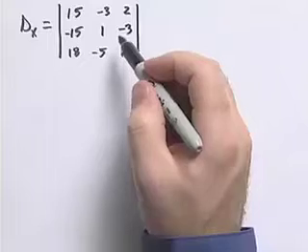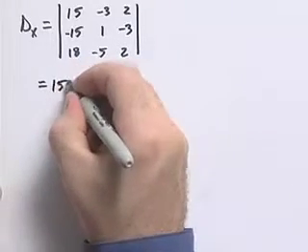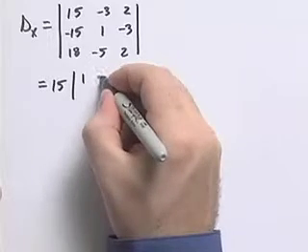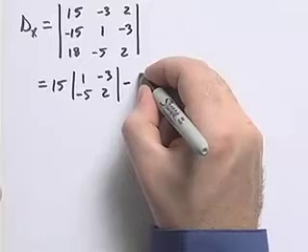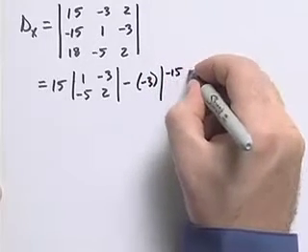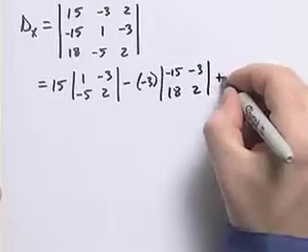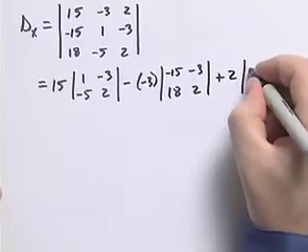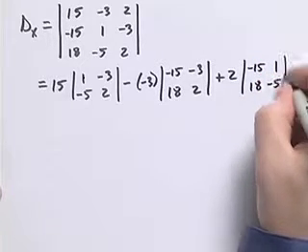Again, we have no zeros, so we can go ahead and expand across the first row. So we'll have 15 times the determinant of 1, negative 3, negative 5, 2, minus negative 3 times the determinant of negative 15, negative 3, 18, and 2, plus 2 times the determinant of negative 15, 1, 18, and negative 5.